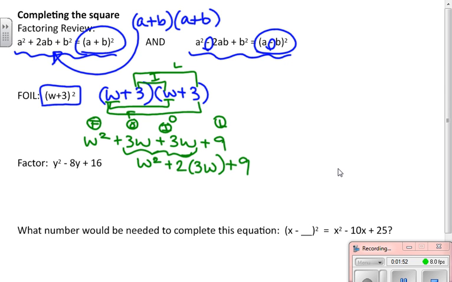You can see where this 2 times the first term and the last term, 2 times the first term and the last term from here and here comes into play.